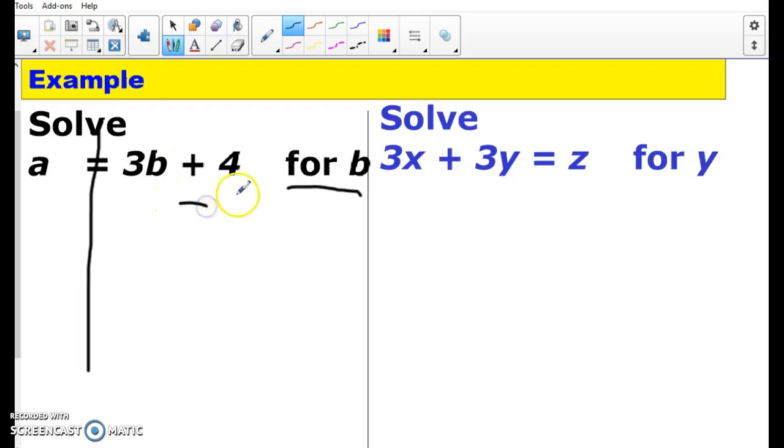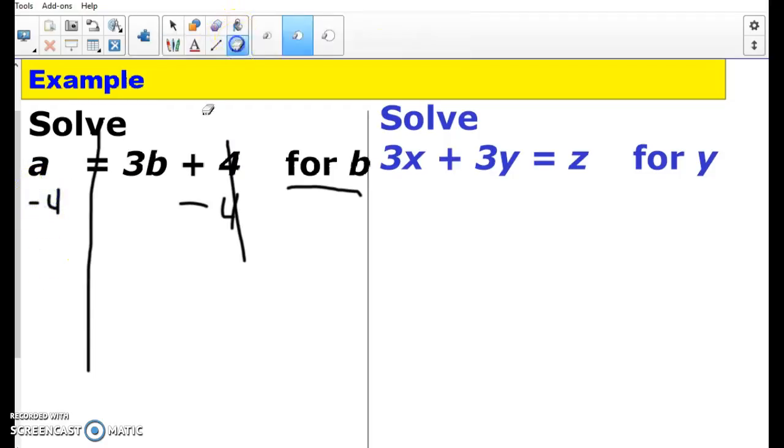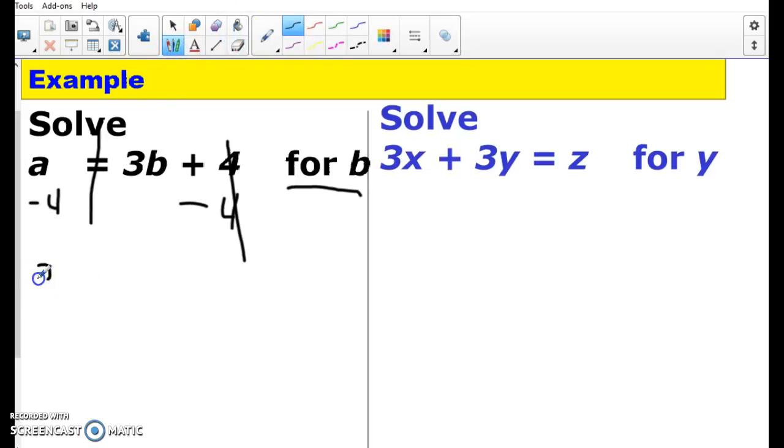Again, I need to subtract 4 since it says plus 4. So 4 minus 4 is 0, that's going to cancel out. Then I subtract 4 on the left side, so I'm left with A minus 4 equals 3B.